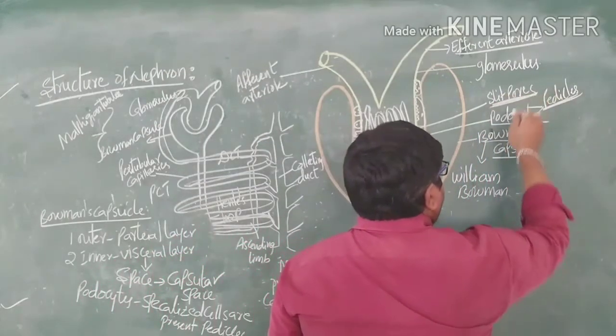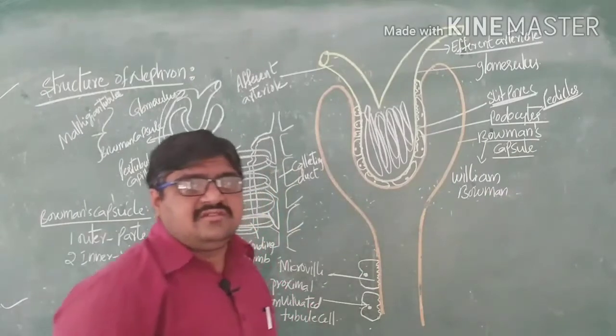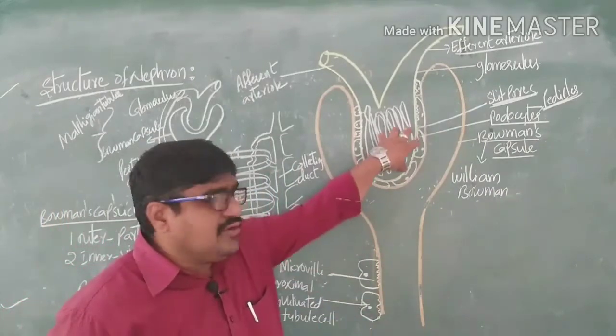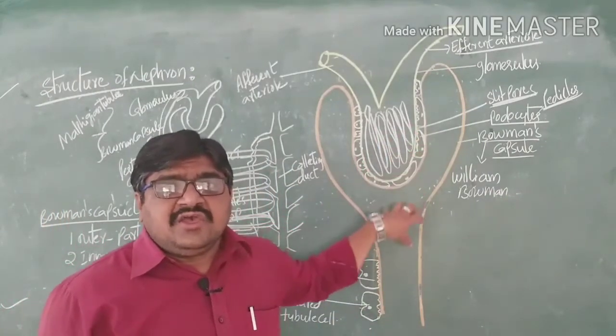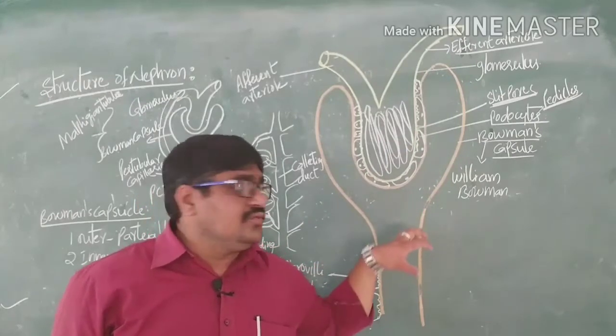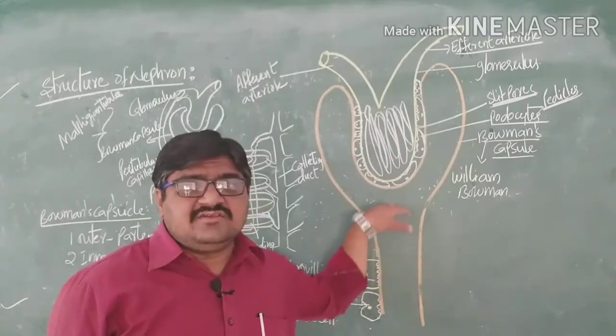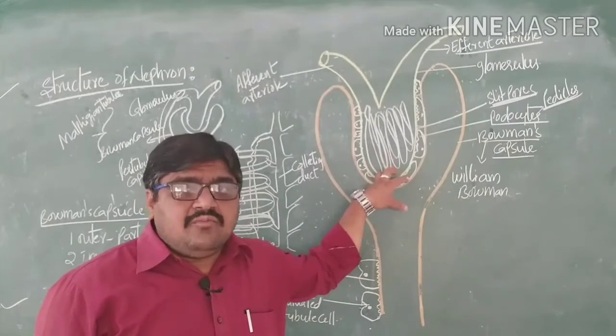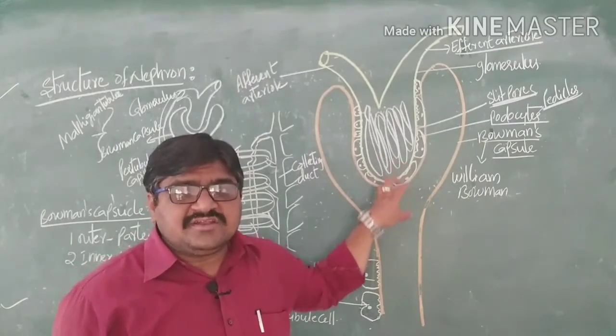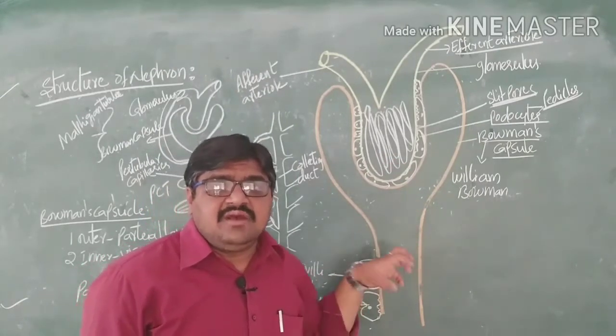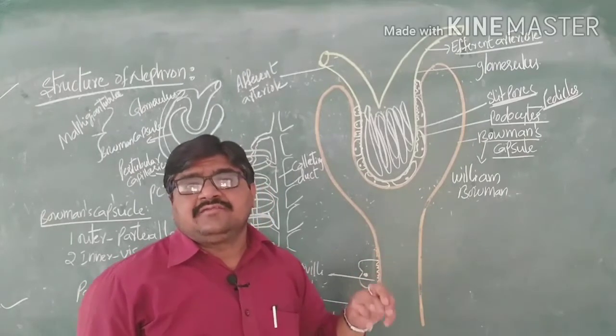These split pores are helpful for filtration. When the blood is filtered through these split pores, it enters from the glomerulus, that is the Bowman's capsule, through the split pores into the proximal convoluted tubules.